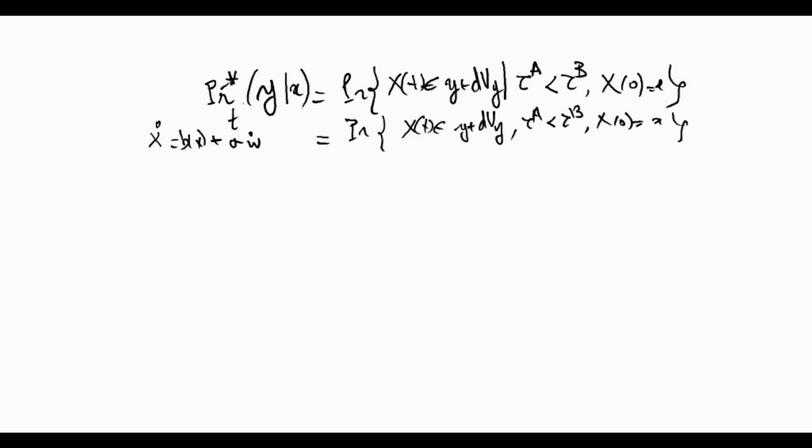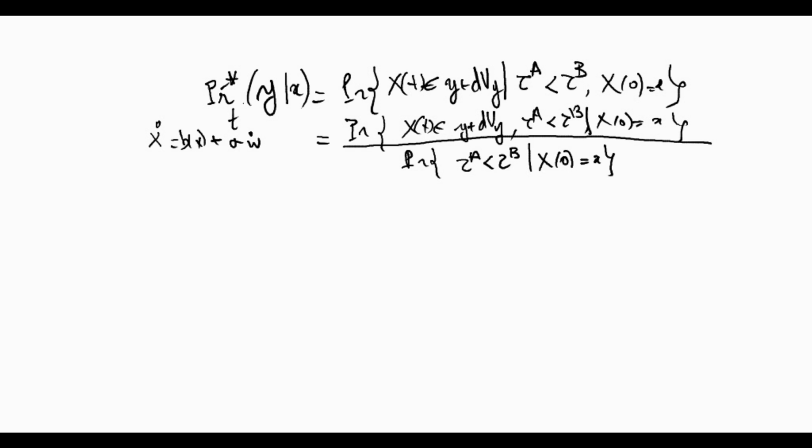So this has to be divided by the probability that tau A is less than tau B, conditioned that x of 0 equals x. Alright, so this is precisely what Bayes' law is telling us.